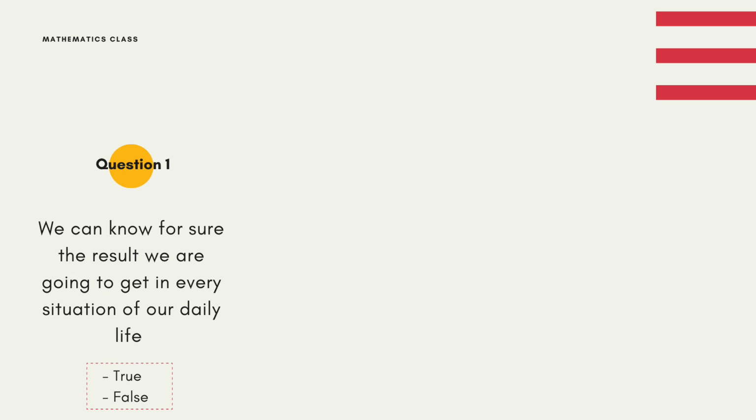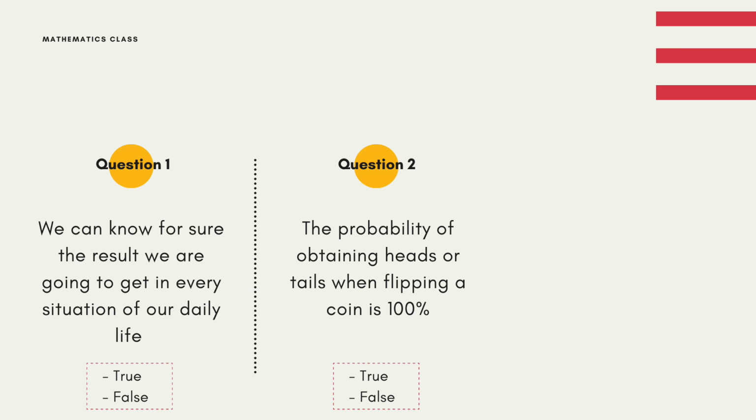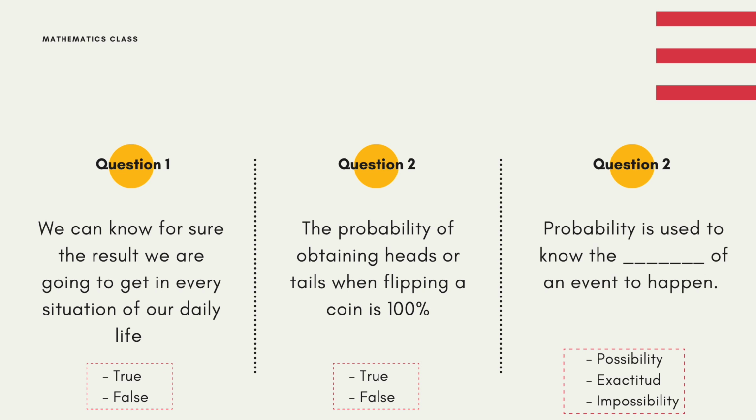We can know for sure the result we are going to get in a situation of our daily life. Is the sentence true or false? The probability of obtaining heads or tails when flipping a coin is 100%. Is the sentence true or false? Probability is used to know... of an event to happen.